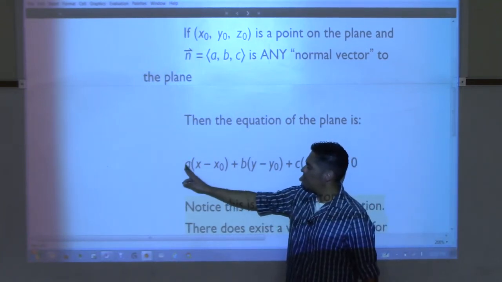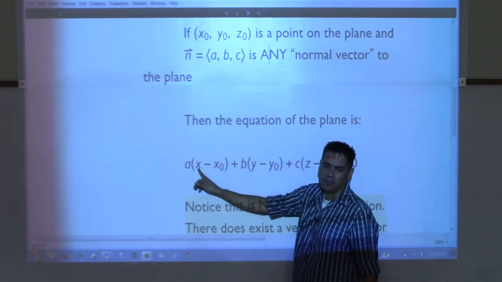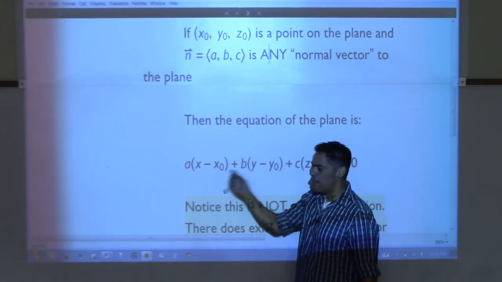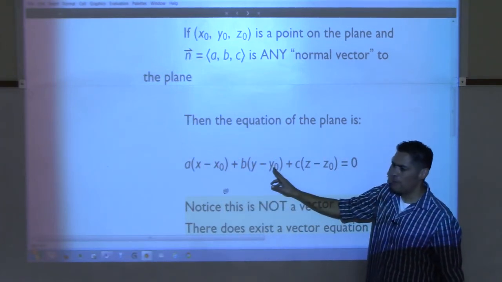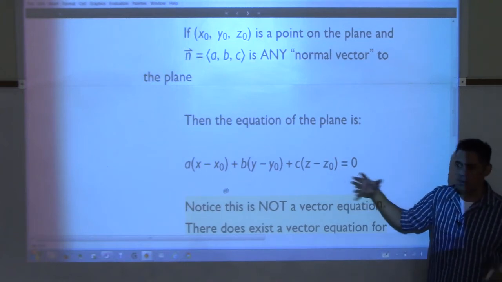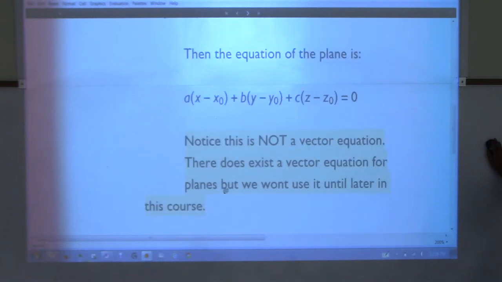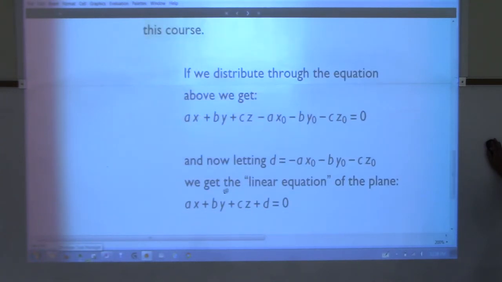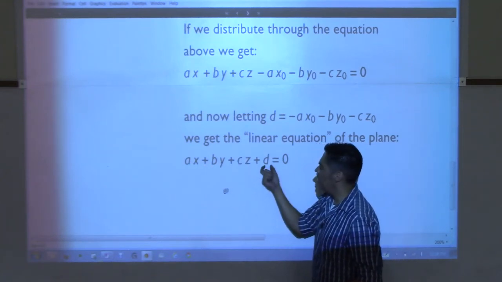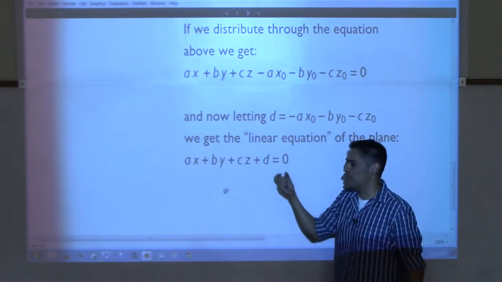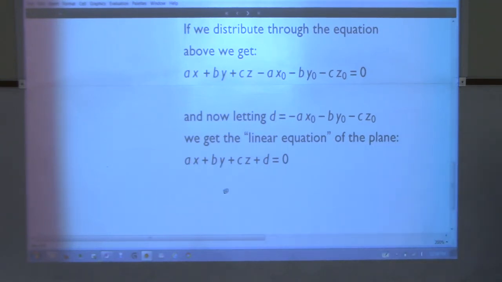If you distribute this through, do you agree that Ax would stay Ax? And A x naught, since x naught is a number, would be a number, B times y naught would be a number, C times z naught would be a number, and you could put all those numbers together and call that D. So you get Ax plus By plus Cz plus D equals 0. And that's the equation of a plane.